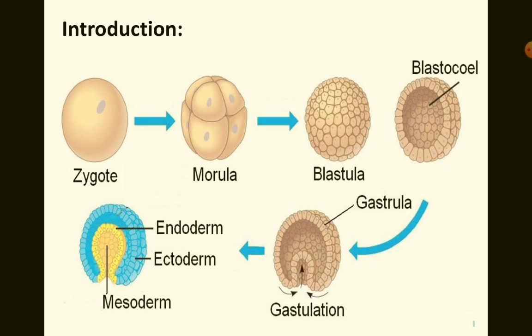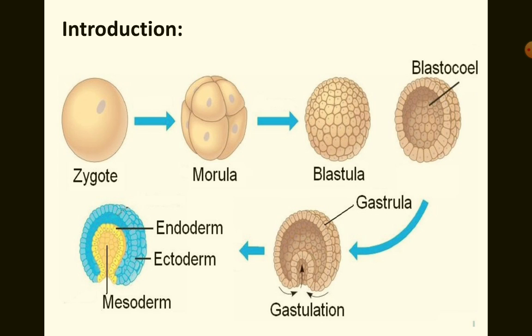For the process of gastrulation to start, we know that a zygote is formed by the fusion of gametes, and then cleavage sets in, which results in a ball of cells known as the morula. When a space called the blastocoele forms in this morula, it is termed a blastula. This single-layered blastula exhibits different kinds of morphogenetic movements so that it is converted into a gastrula with three germ layers: the ectoderm, endoderm and mesoderm.